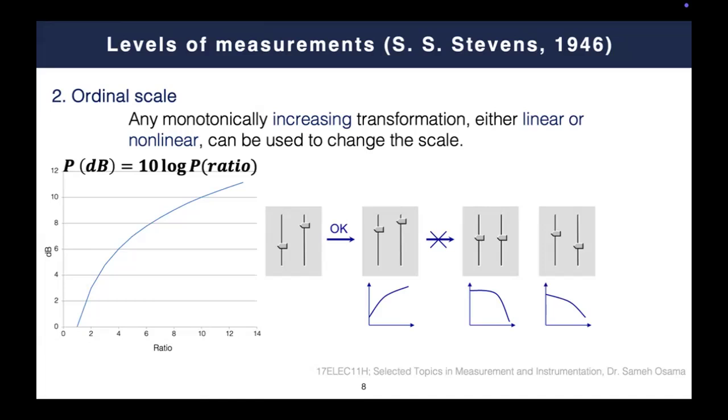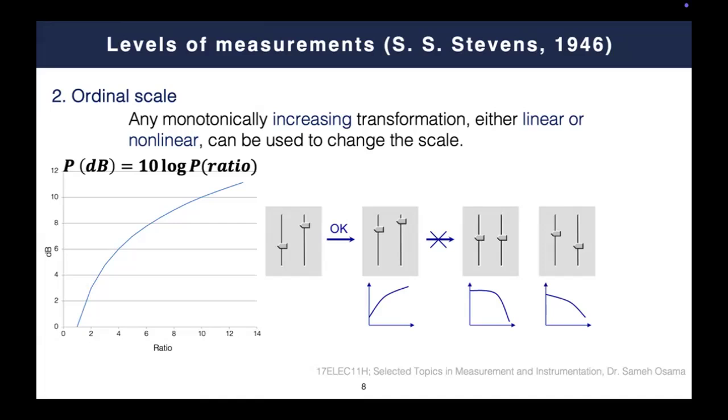In the logarithmic scale, 100 will turn to 2, because log 100 is 2, so 2 times 10 will be 20, and 1000 will turn to 30. So in the linear scale it's 100 to 1000, but in the logarithmic scale it's 20 to 30. Basically, the gap between 20 and 30 is less than the gap between 100 and 1000. So here you decrease the gap between state A and state B by this conversion.